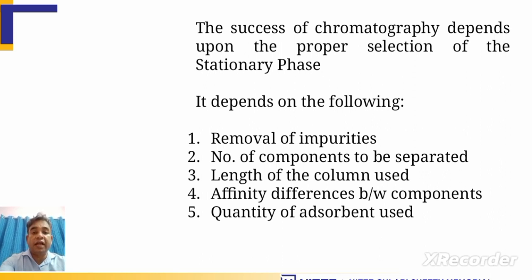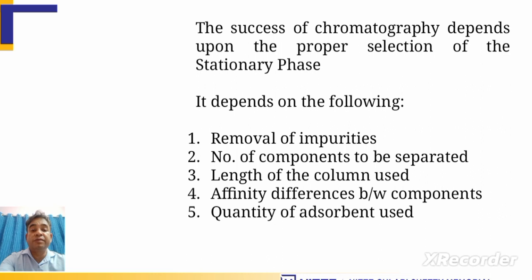So make sure that the stationary phase you have filled in the column has no too high interaction with the sample to be separated, and not so weak that the sample doesn't retain onto the stationary phase and moves out of the column, right? So selection of a stationary phase is an important parameter when you are choosing a stationary phase for separation.